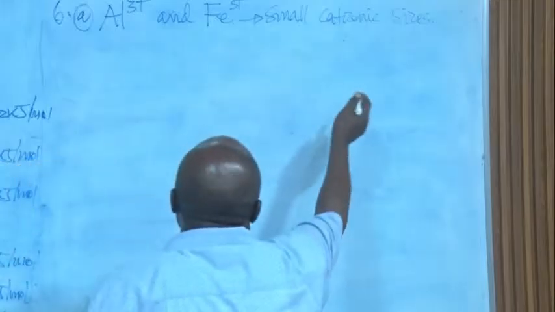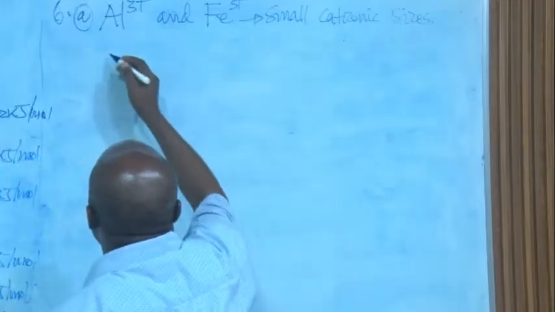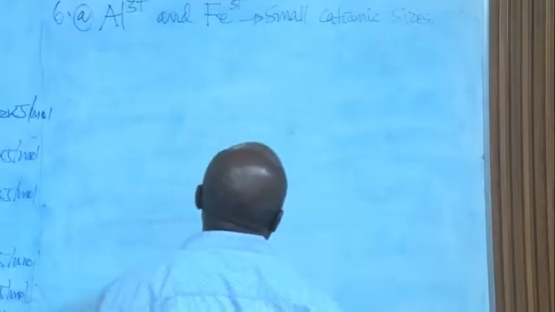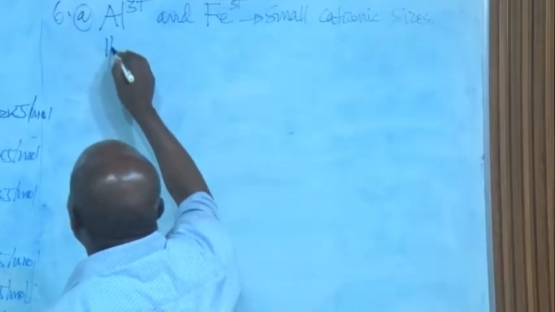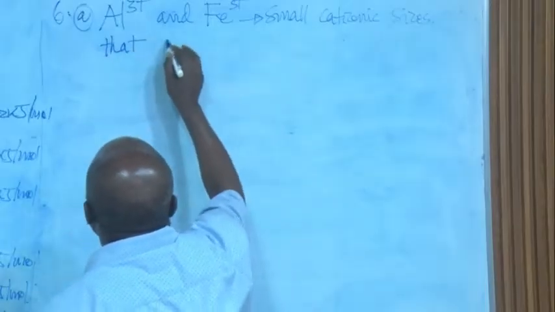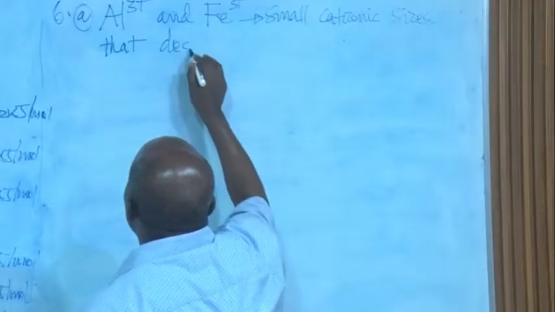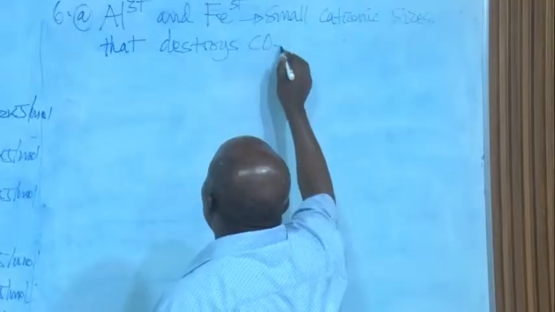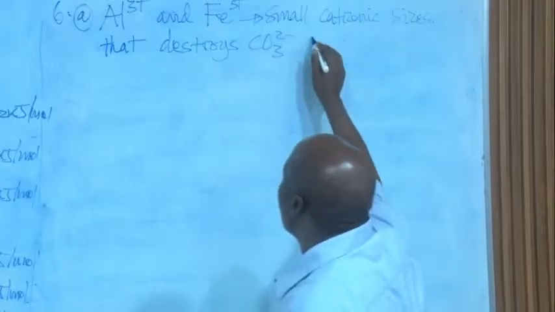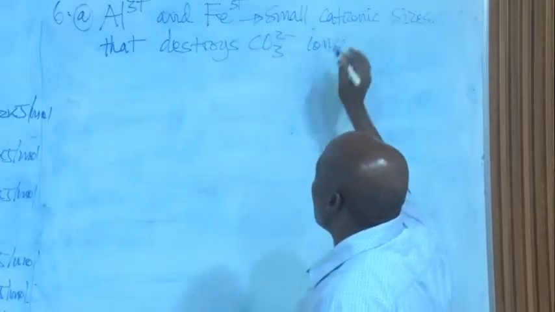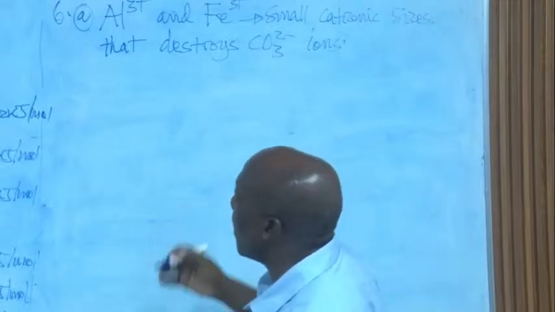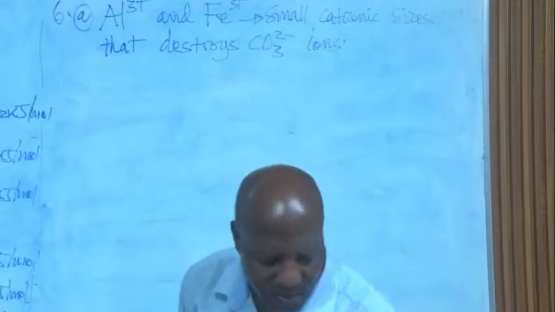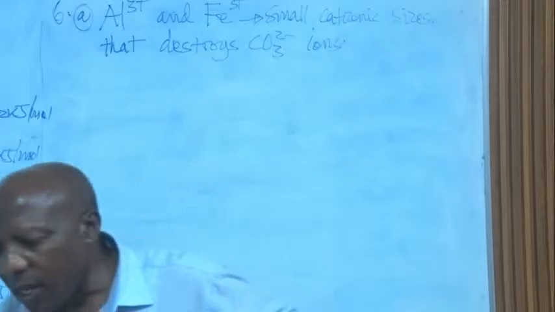So we say the two carbonates do not exist because of small cationic size that destroys carbonate ions instead of reacting with them. So that is the reason on why aluminum and Fe3+ carbonates do not exist.